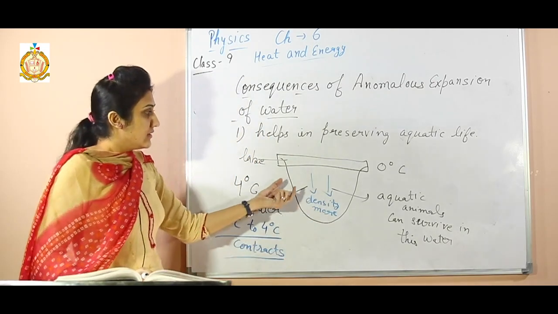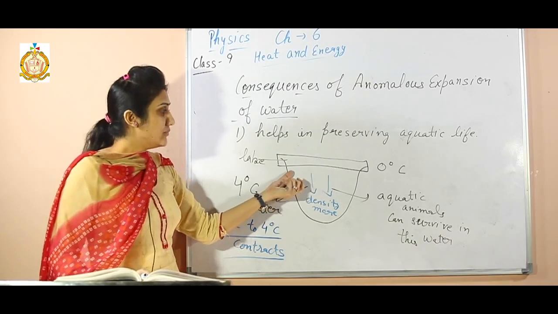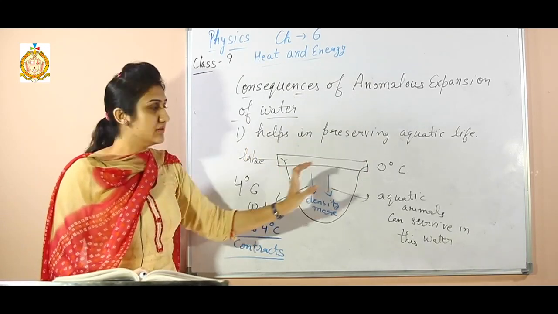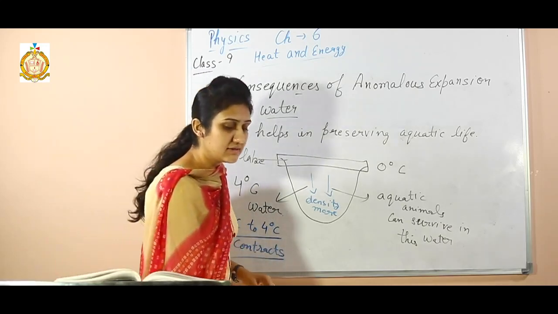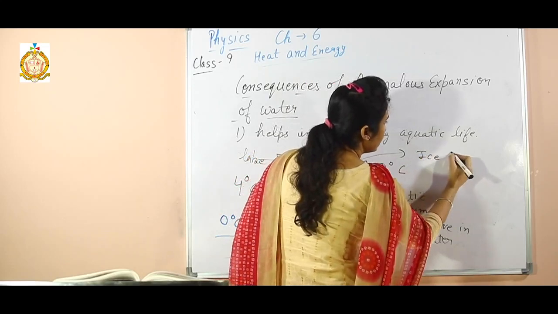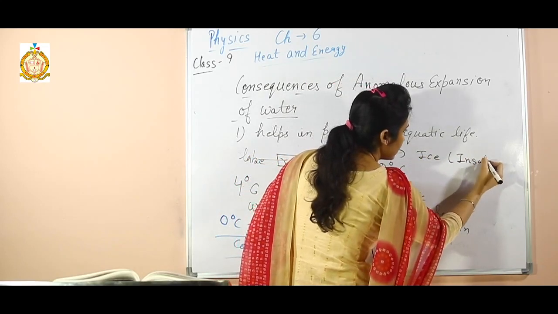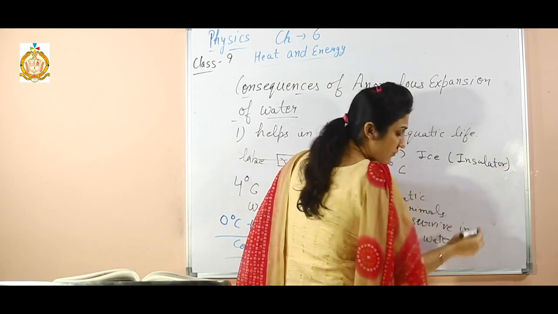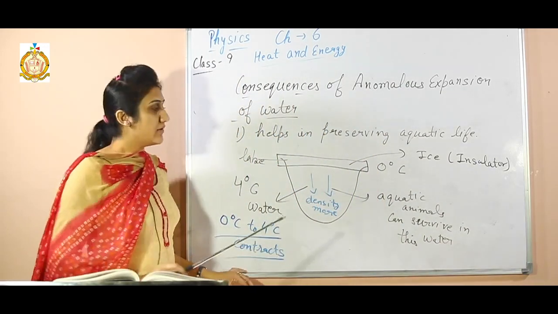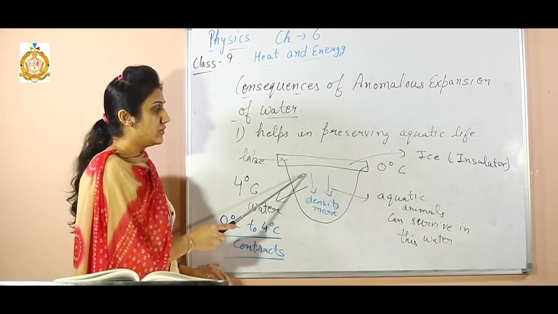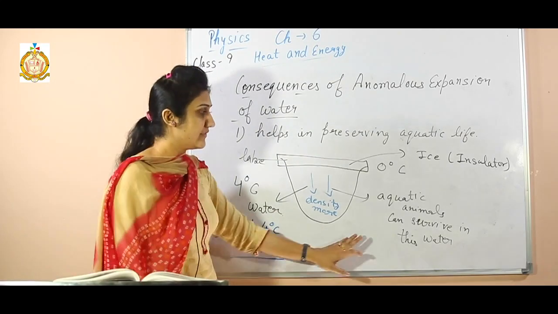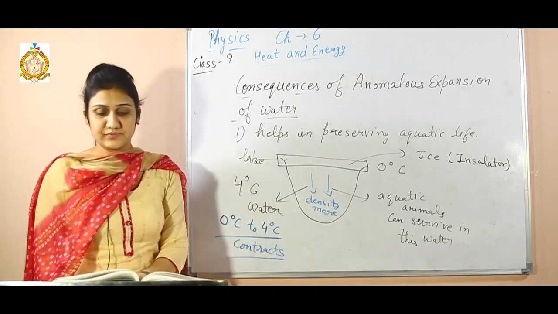And here with more rise in temperature, there is the formation of ice, and ice acts as an insulator. So this layer of ice does not allow the warmth of this water to go to the atmosphere, and hence aquatic life is preserved.